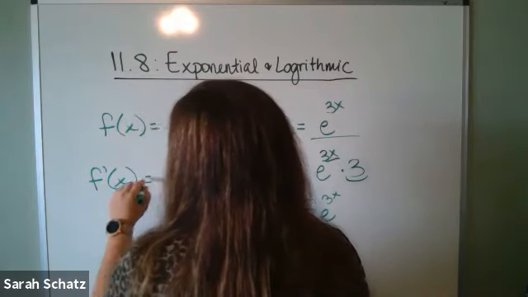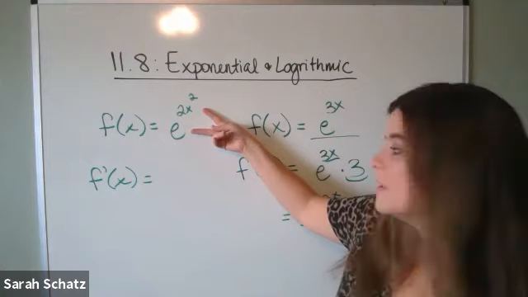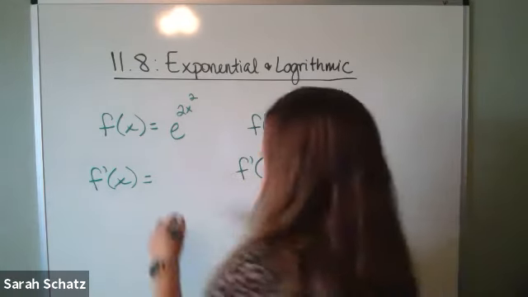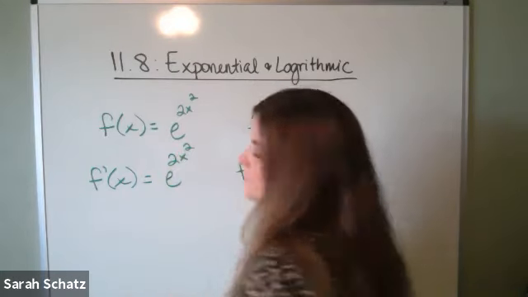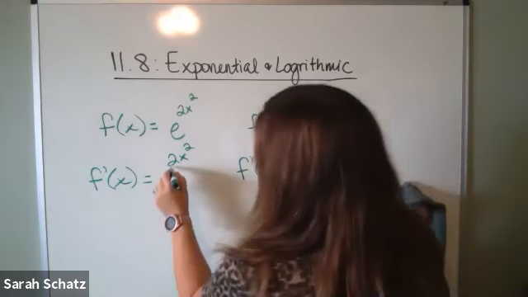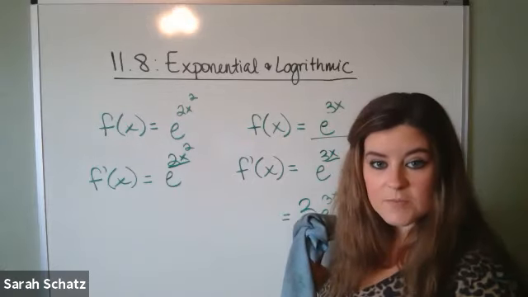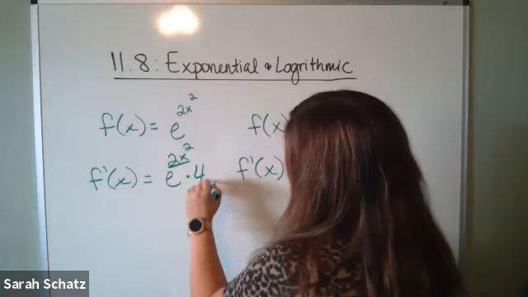My first step, always, guys, take this e term, bring it down exactly the same. Nothing changes here. I'm going to have the whole e to the 2x squared. Now, what's my second step? I take the derivative of that exponent. So the derivative of 2x squared, that's going to be 4x.